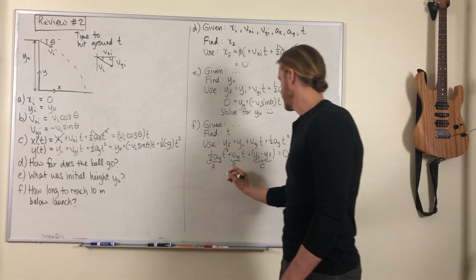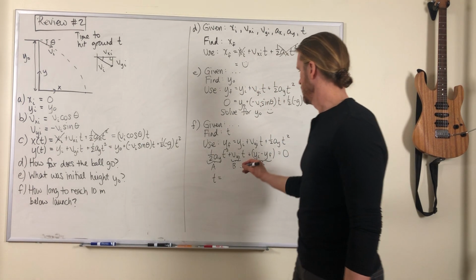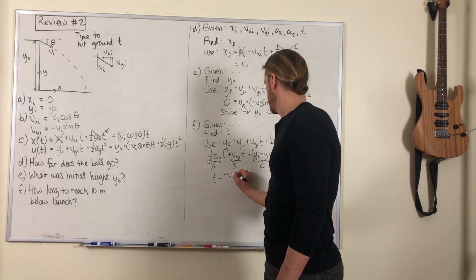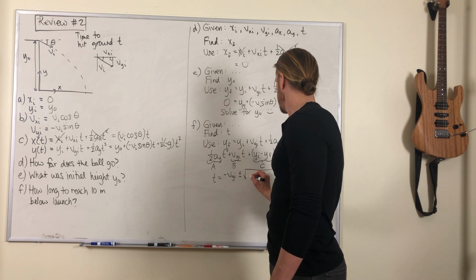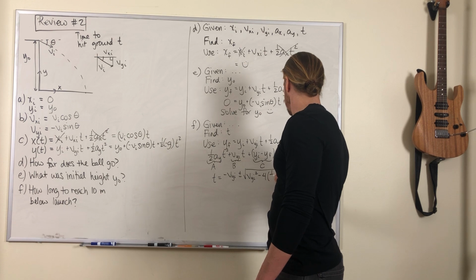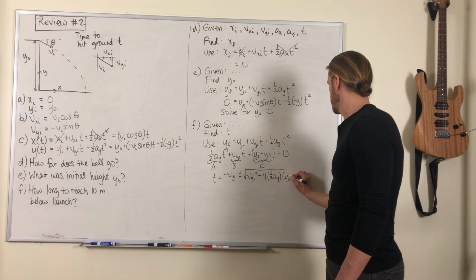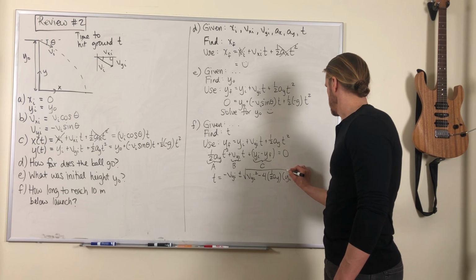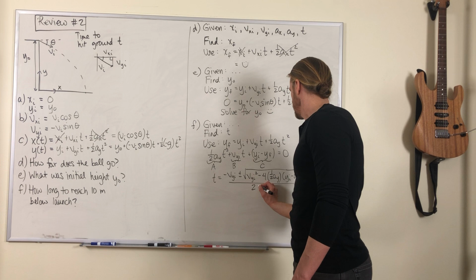So the quadratic formula looks like T equals opposite B plus minus square root B squared minus 4 times A times C, all divided by 2 times A.